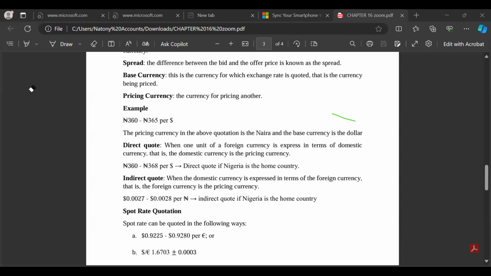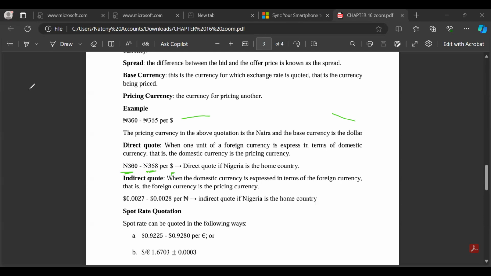If you look at this, if Nigeria is the local country and Naira is the local currency, this quotation will be what? A direct quote. So 360 to 368 are the foreign currency.